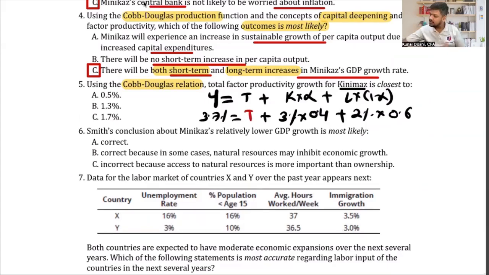Can we calculate it? Yes. We have 3 into 0.4, plus 2 into 0.6, and subtract that from 3.7. You will get the answer. Very easy. Correct, B, 1.3, everyone. Easy.